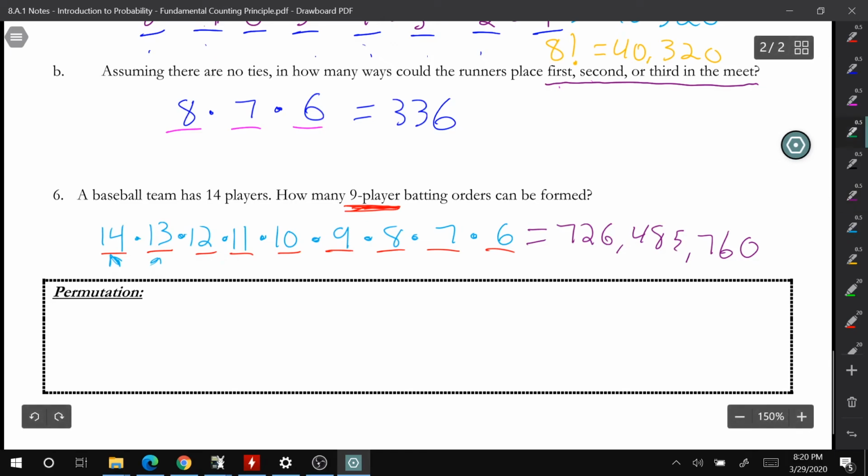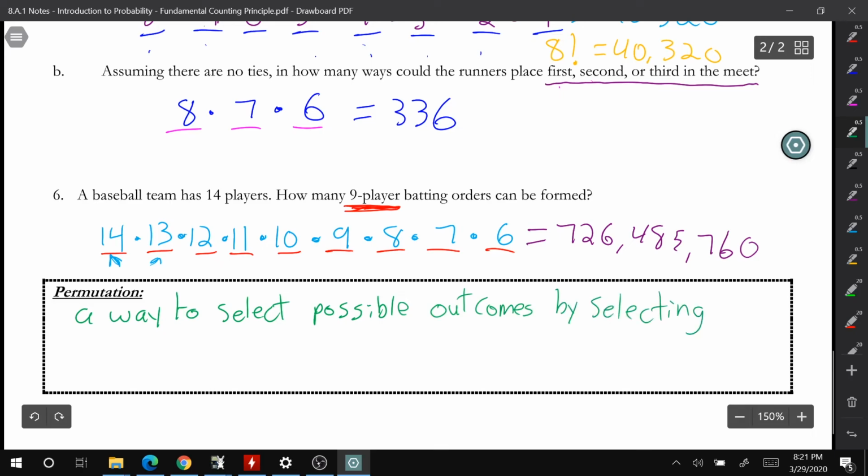And a permutation is a way to select possible outcomes by selecting a group from a larger group. Order is important.